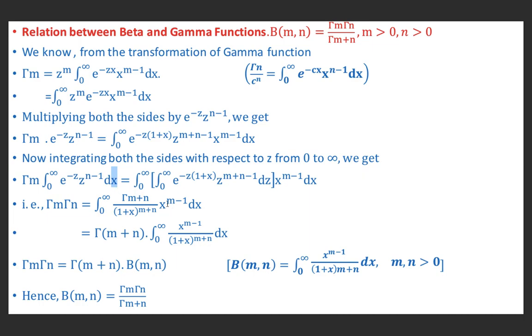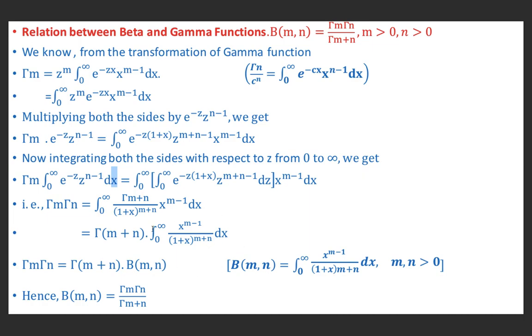So it should be clear to you, because if you compare this with this, in place of c you have 1 plus x, in place of n you have m plus n. This is also a constant term, so we may bring it out of the integral. So it is gamma m plus n, integral from 0 to infinity x raised to power m minus 1 upon 1 plus x raised to power m plus n dx.